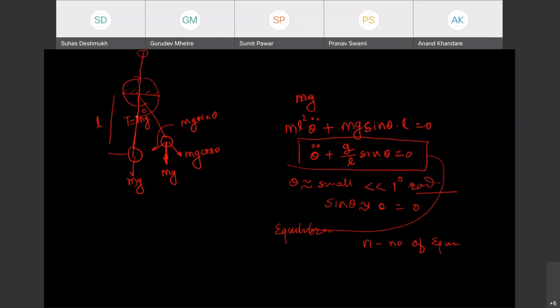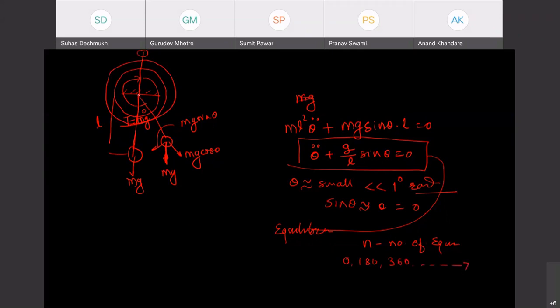Then again it will come back and again here. Then I can have n number of equilibriums, meaning I can have 0 degree, then 180 degree, then 360 degree, and likewise all these positions.